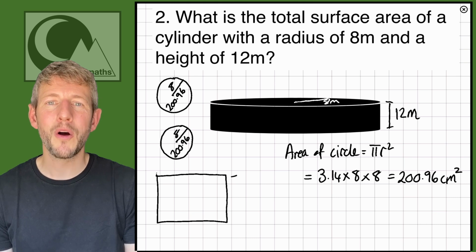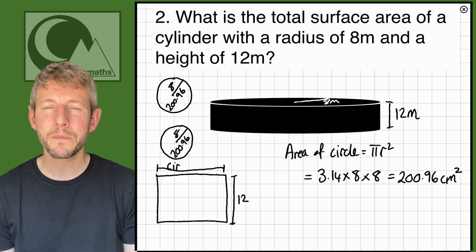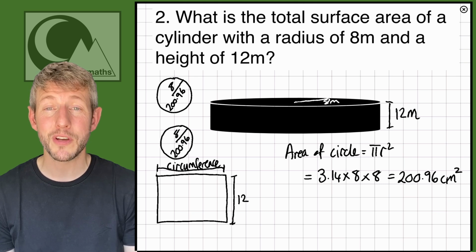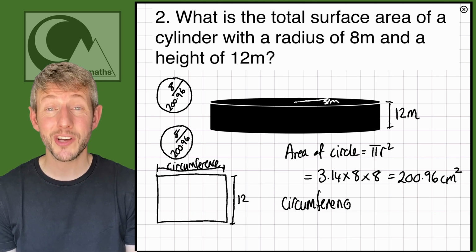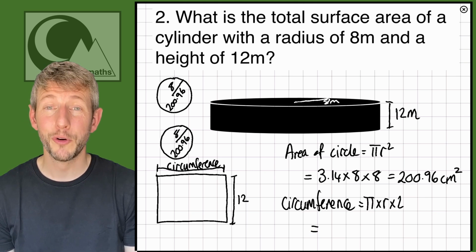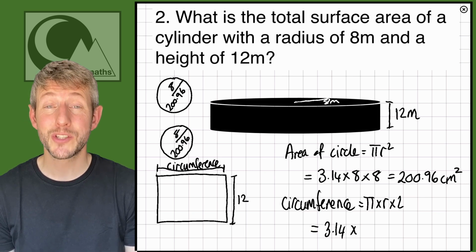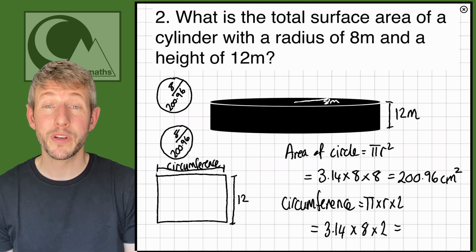And now we've got the rectangle. So remember, this missing length of the rectangle is the circumference of the circle. So that is pi times radius times 2. So I'm going to do pi 3.14 times 8 times 2. Okay, and that equals 50.24.